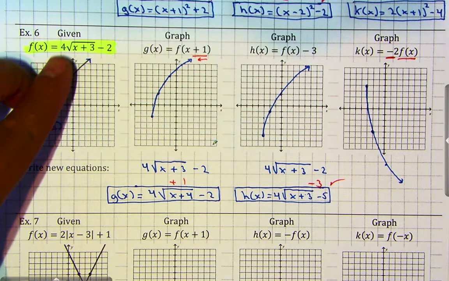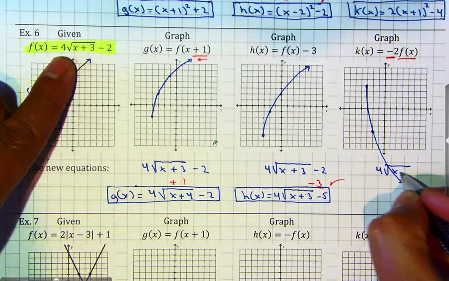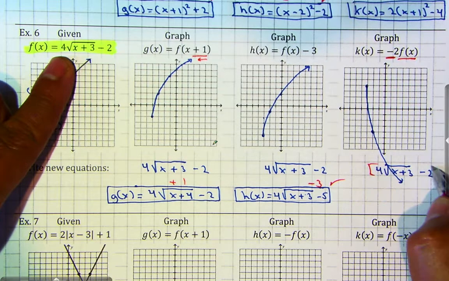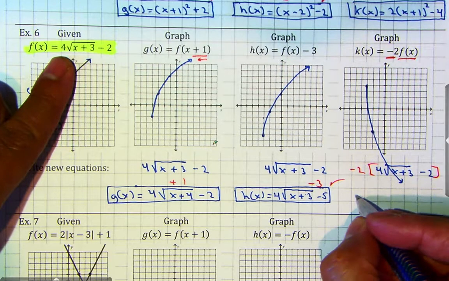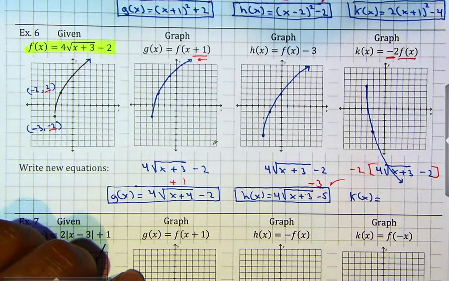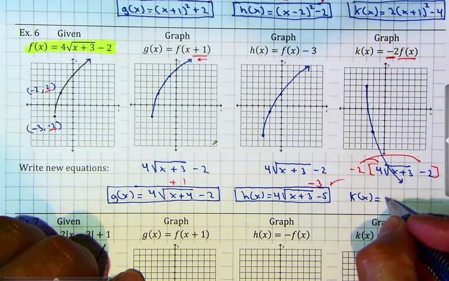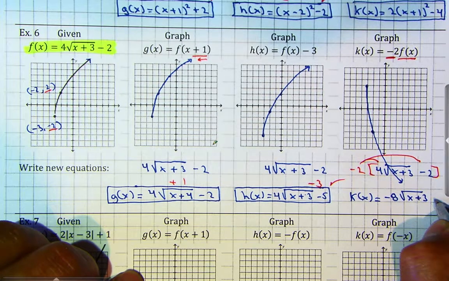And now we're going to take the equation for the square root of x plus 3 minus 2, and we're going to multiply by negative 2. So therefore, that'll be k of x. Remember, you just multiply your coefficient and your last number, not the 3, so it gives me a negative 8 times the square root of x plus 3 minus 2.